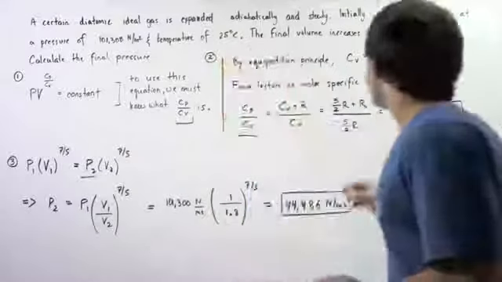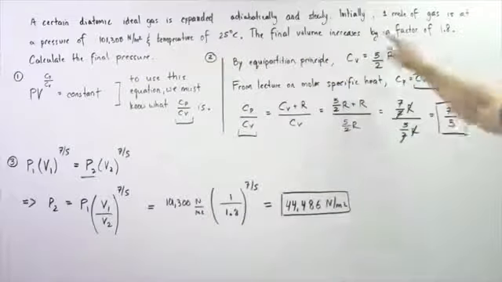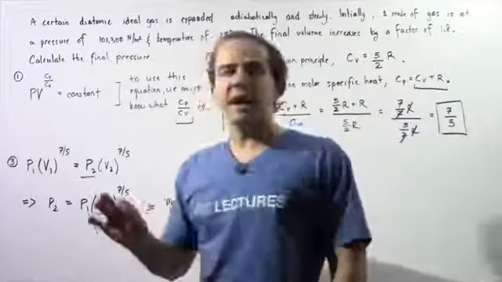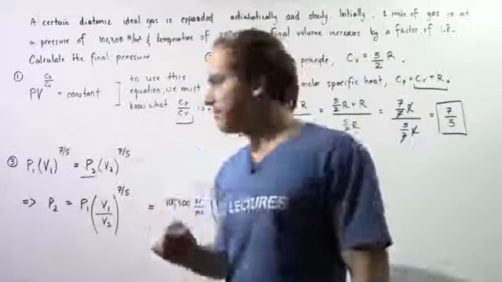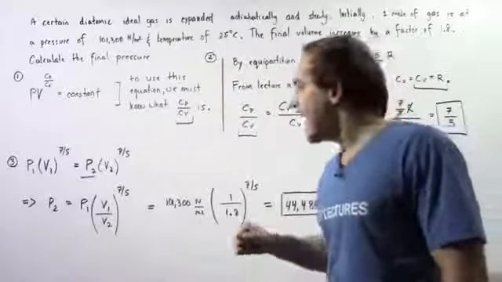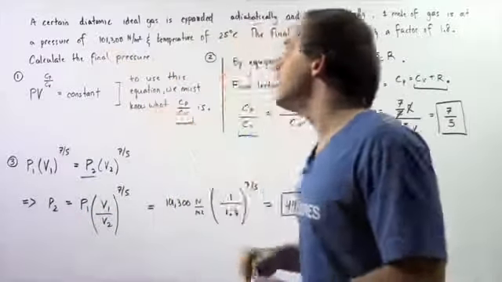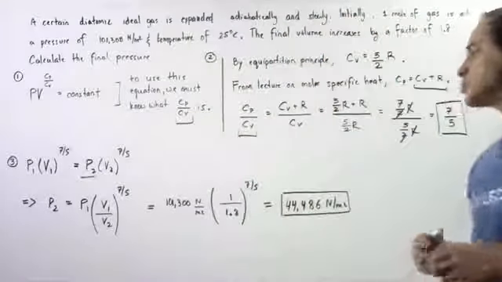Now we know that the final volume increases by a factor of 1.8. So V1 divided by V2 is 1 divided by 1.8. And we know P1 is simply 101,700 newtons per meter squared.